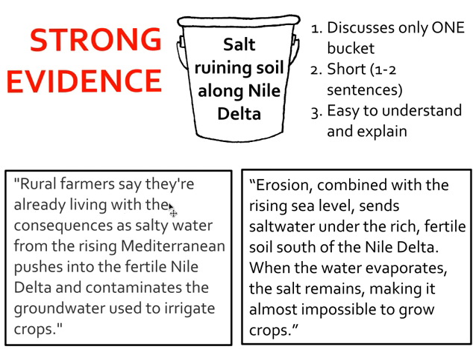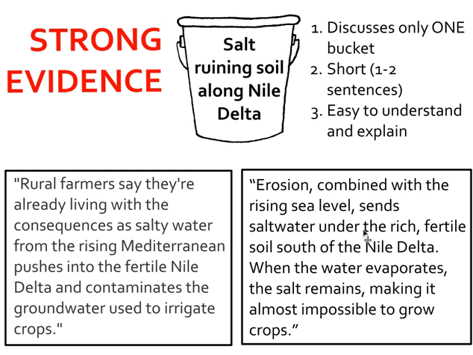"Rural farmers say they're already living with the consequences as salty water from the rising Mediterranean pushes into the fertile Nile Delta and contaminates the groundwater used to irrigate crops." It's crystal clear. I really understand from reading this piece of evidence how salt gets into the Nile and how it ruins the soil.